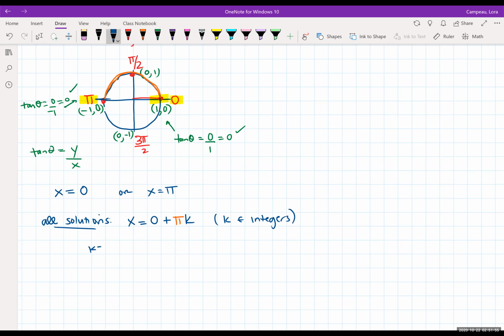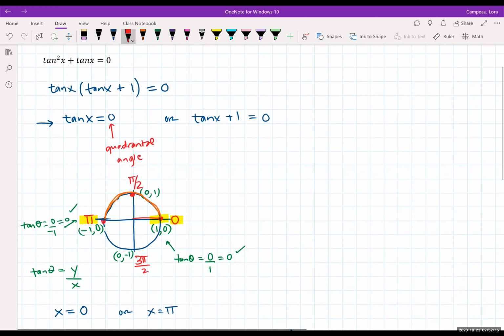I'll start off with k equals -2 just in case. So I get x equals 0 plus pi times -2. If you work this out, what do we have? -2 pi.